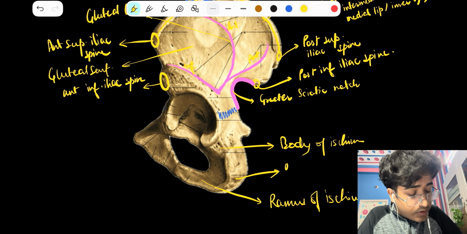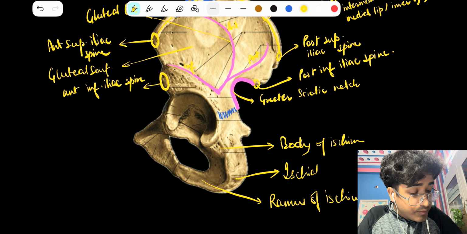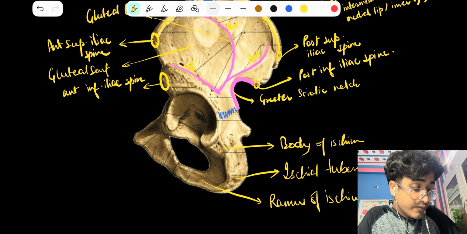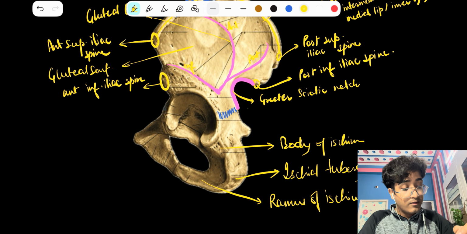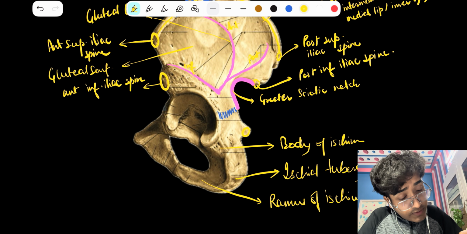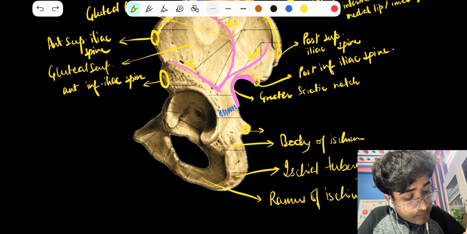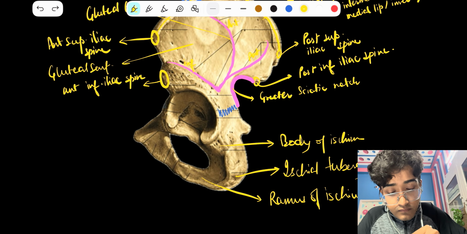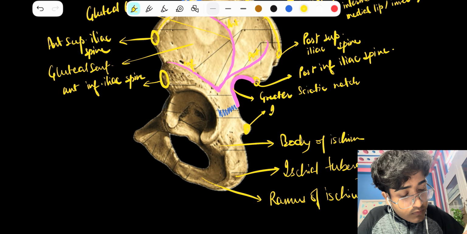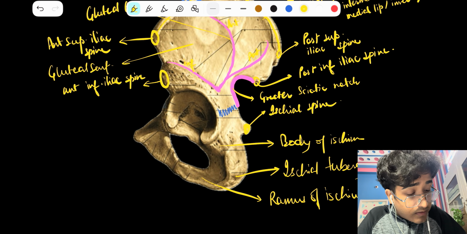This rough portion of the ischium is known as the ischial tuberosity. And also you can find a spine-like structure here. This is known as the ischial spine.